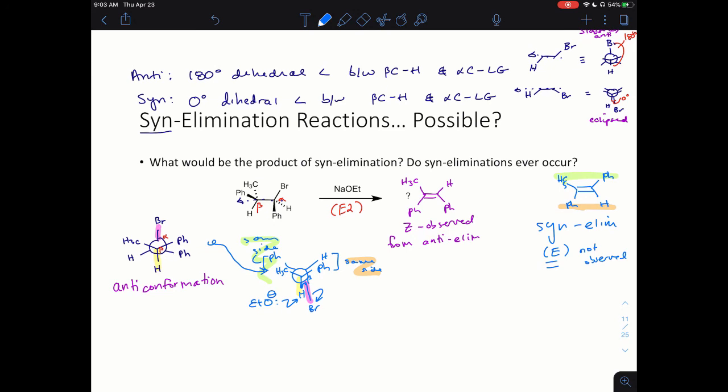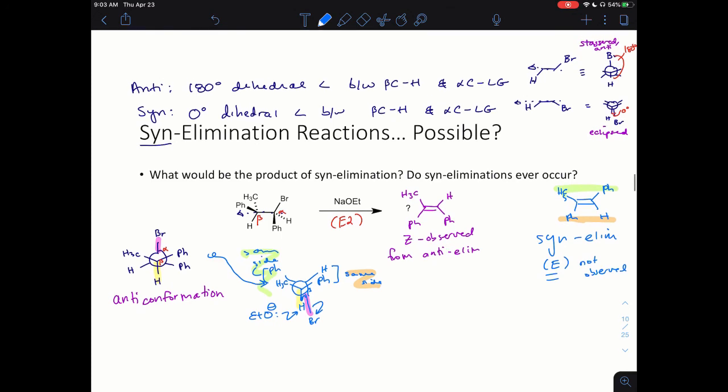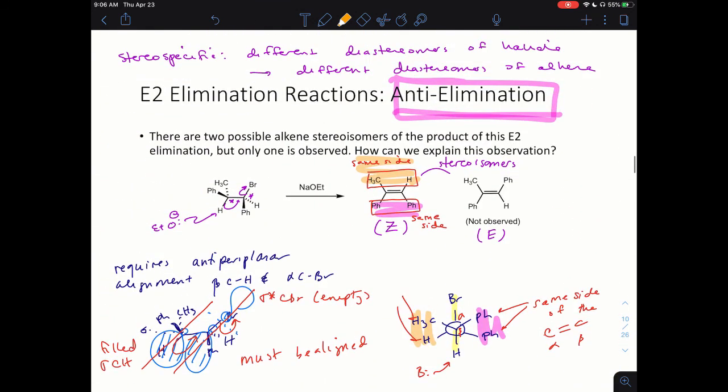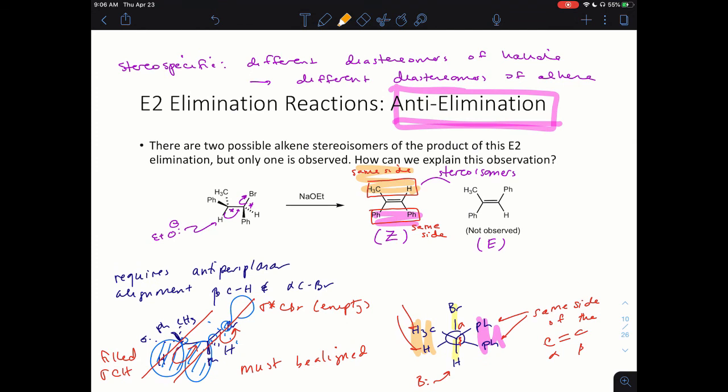So what do we learn here? Well, we learn that syn elimination is not observed, anti-elimination is observed. Once again, anti-elimination is observed most of the time for E2 eliminations. And that's why for this molecule that we've been examining, we saw only this product that occurred through this anti-elimination.